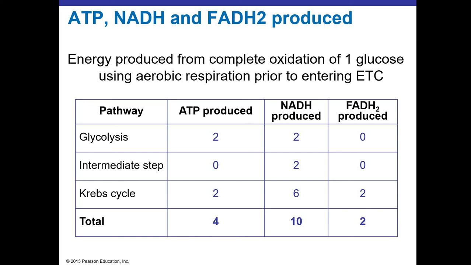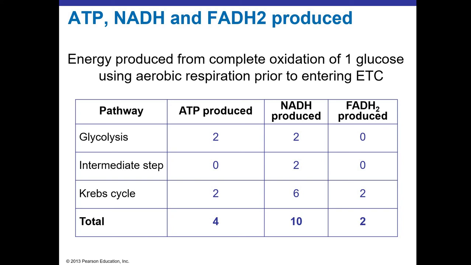The big payoff is going to come via oxidative phosphorylation using the NADH and FADH2 that have been produced, but mostly NADH. So glycolysis gave us 2 NADH, the intermediate step, another 2, but Krebs gave us 6 NADH. So that's a total of 10 NADH molecules.